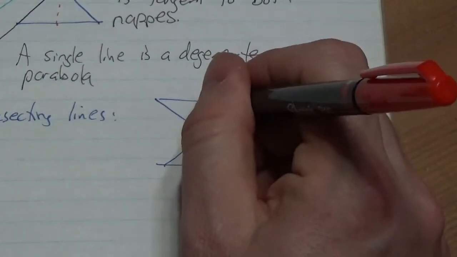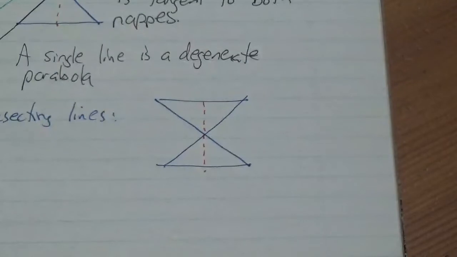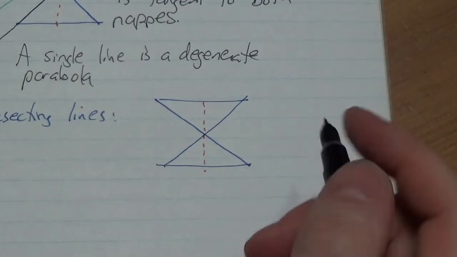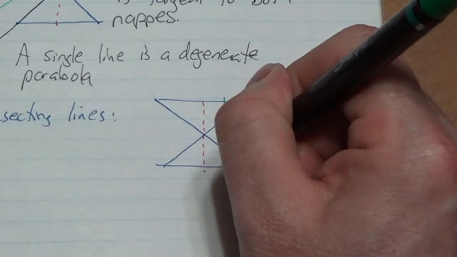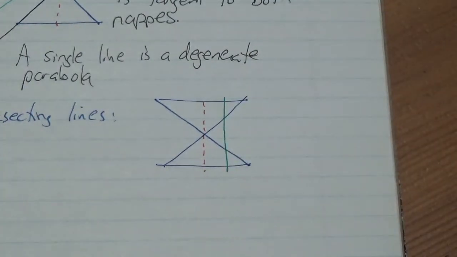I'm going to put my axis right there. Now watch this. Actually, I'm probably going to have to draw this twice to really get a sense of what's going on here. I'm going to cut it vertically. I'm going to let my cutting plane go vertical. I know that that's going to produce a hyperbola.